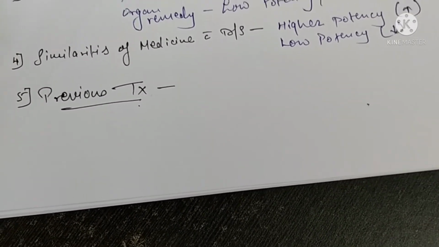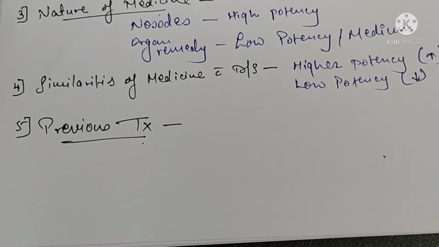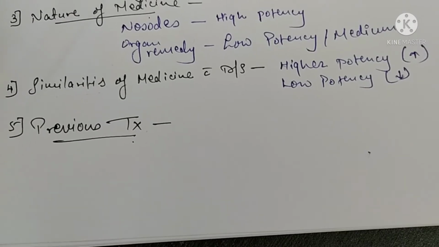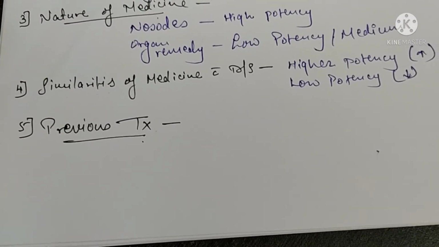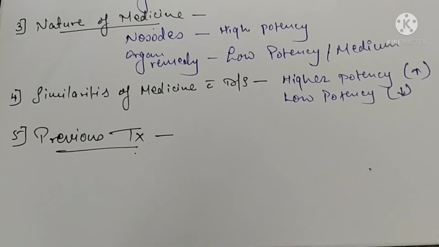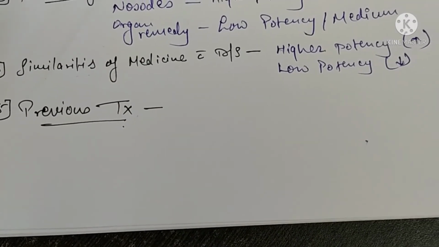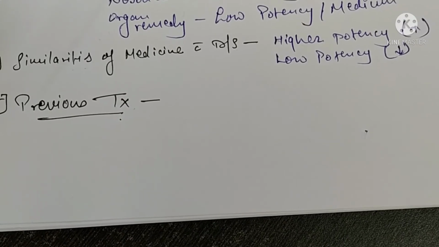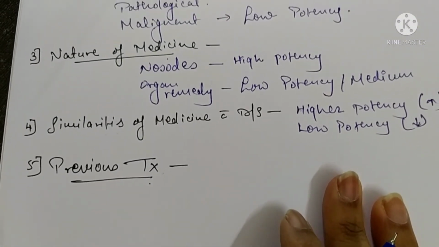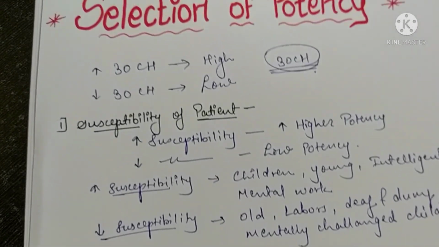And if the person has had exposure to medicines, then he has lower susceptibility, so at that time you should give a low potency. See the susceptibility and then prescribe the potency. See the exposure of the patient and then select the potency. This is the key to selection of potency.